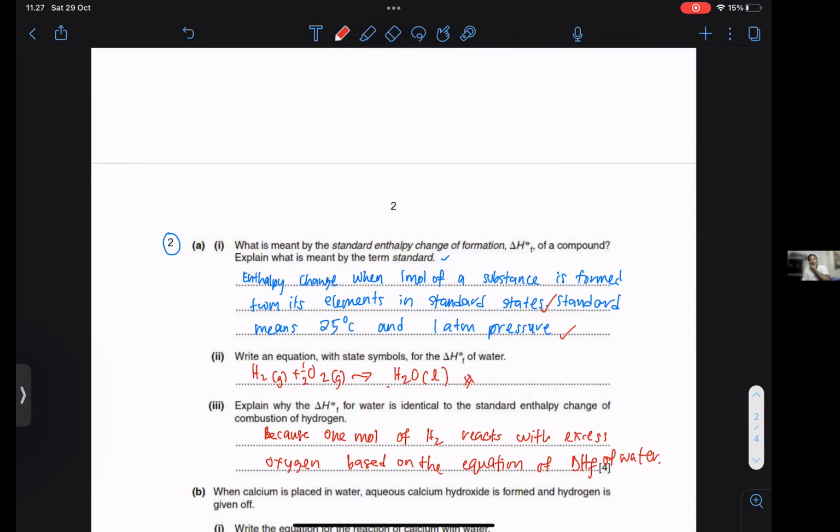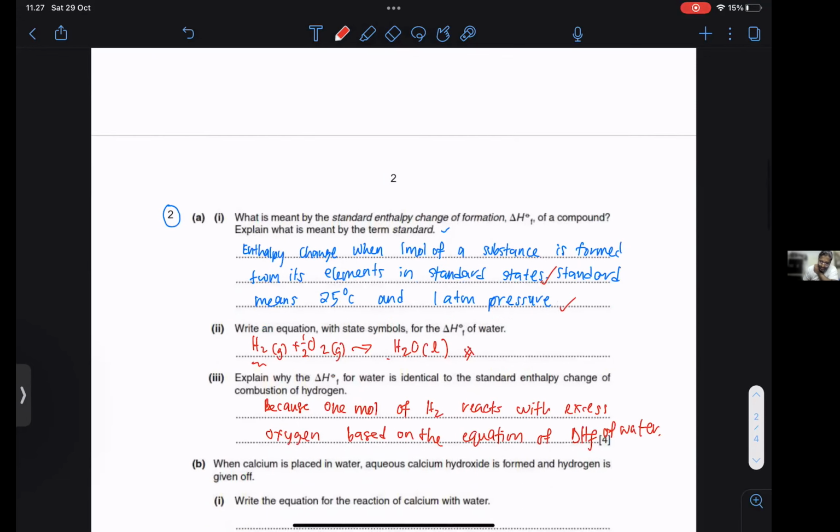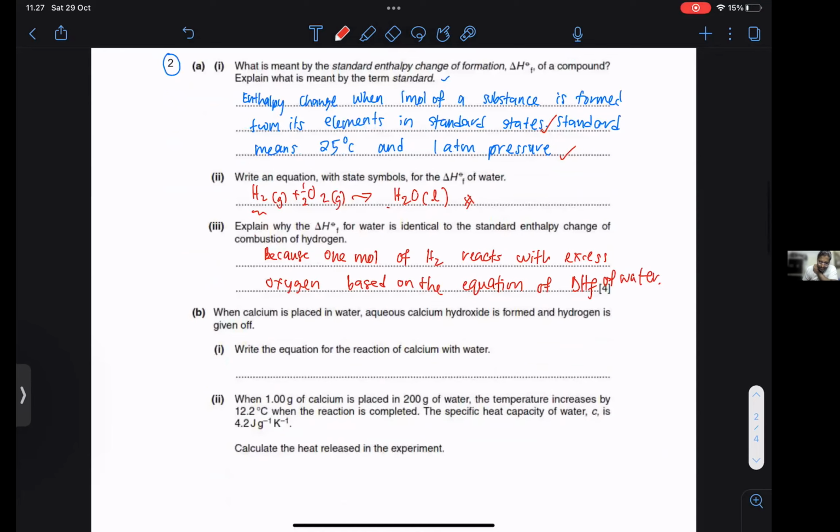So you need to mention 1 mole of H2, because combustion is 1 mole being burned with excess oxygen. I'm just connecting to that. That is going to be the one that will give you the mark.